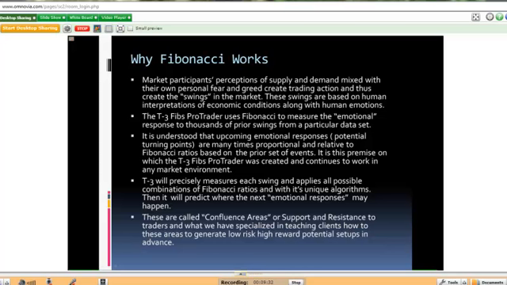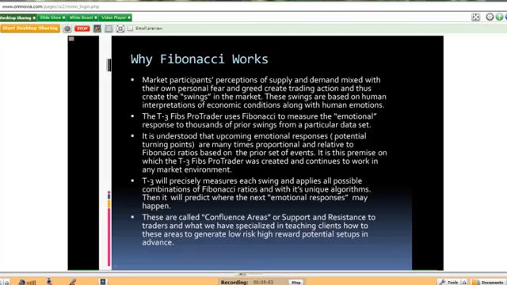own technical analysis. So it's human emotions, and because Fibonacci is so prevalent in nature, we're using Fibonacci in our software, the T3 Fibs Pro Trader, to really measure each of these emotional responses in the marketplace.